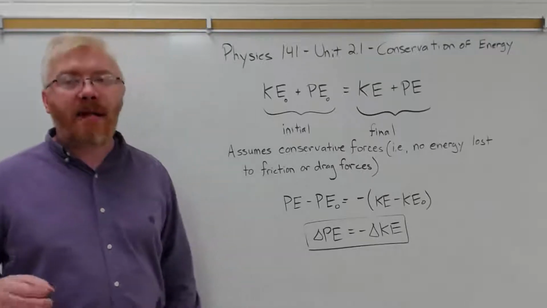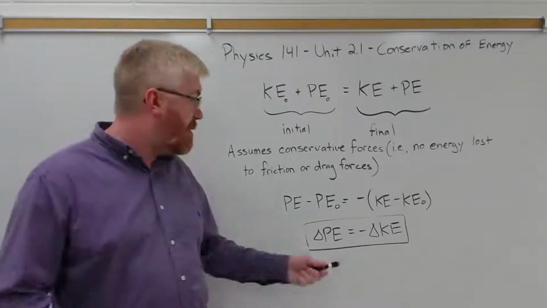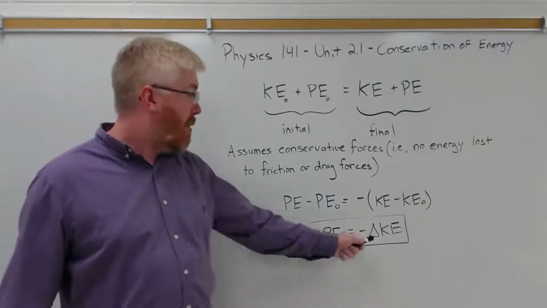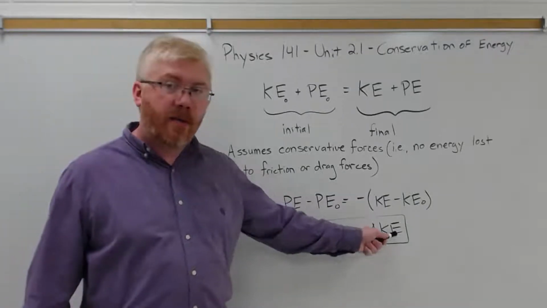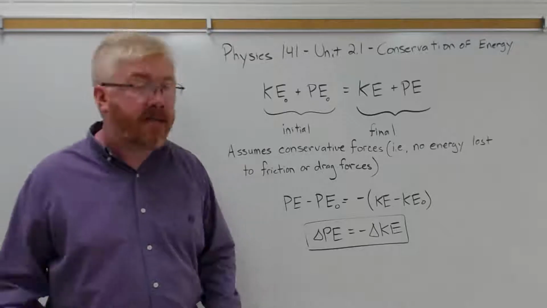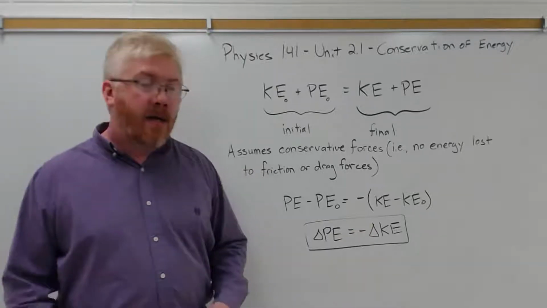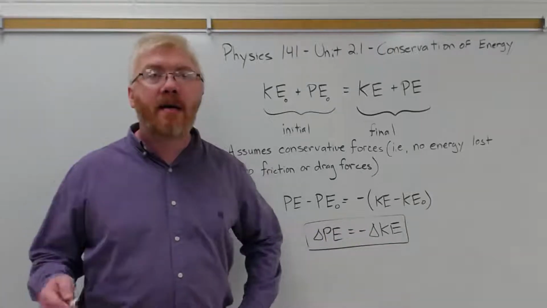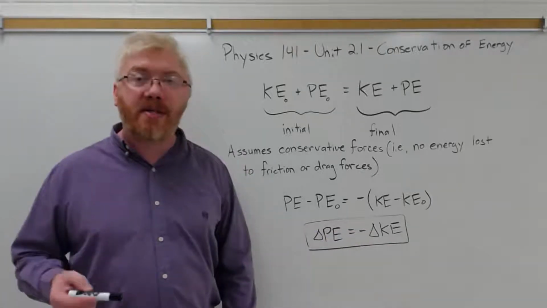Again, equal and opposite does not mean vectors in this case. It just means that if there's a 10 joule increase in the potential energy, there's a 10 joule decrease in the kinetic energy. So energy can be transferred from kinetic to potential or from potential to kinetic, but the total energy between the two always has to be the same.